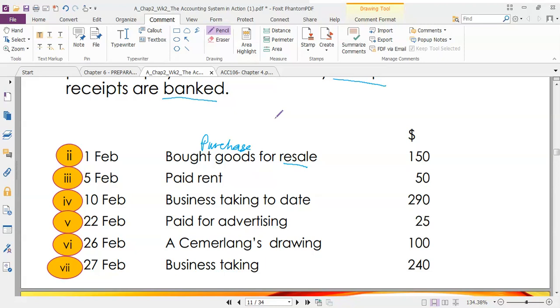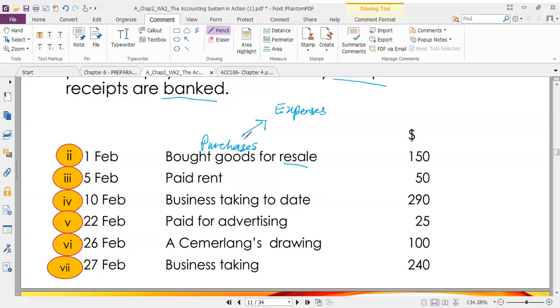So bought goods for resale means purchases. If we buy goods, that is expenses. If we buy goods, we pay out money, incur cost. The cost incurred we call expenses. So purchases is one of the items in the element of expenses.